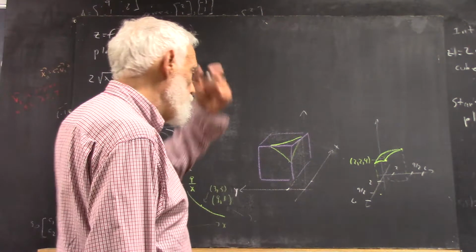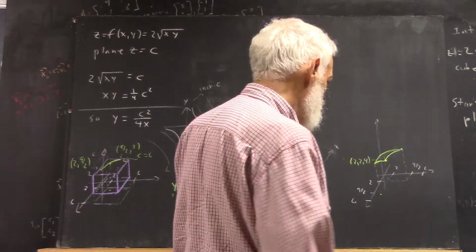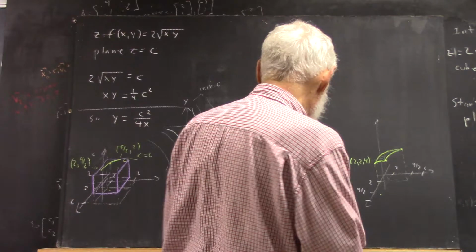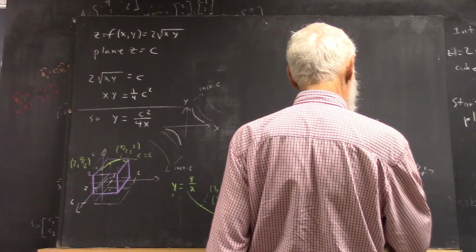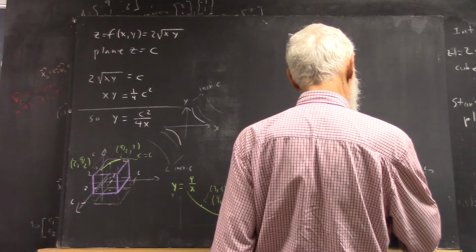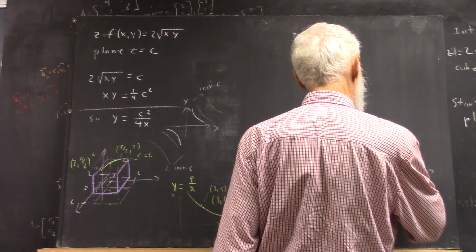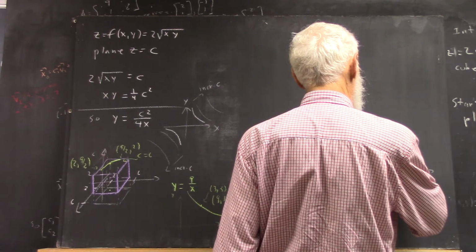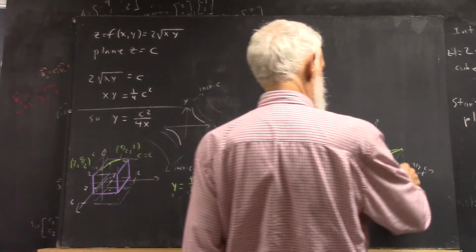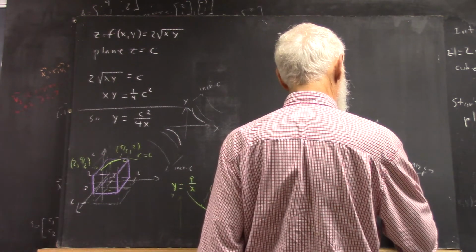Again, we want to find the volume between here and the plane z equals 6. So let's just, for reference, get the z equals 6 plane back here. That's going to be, well, okay, there's part of it, and here's part of our cube.